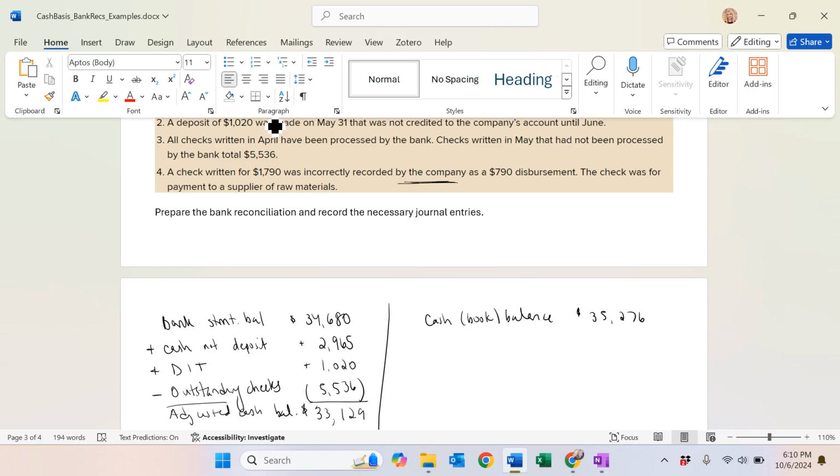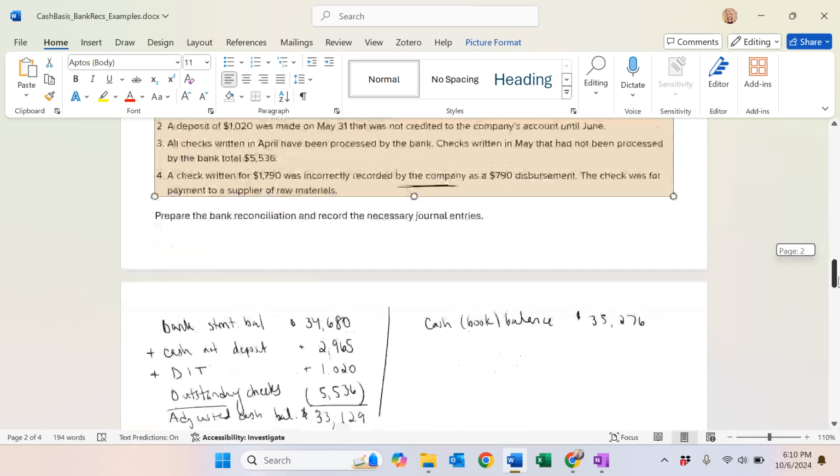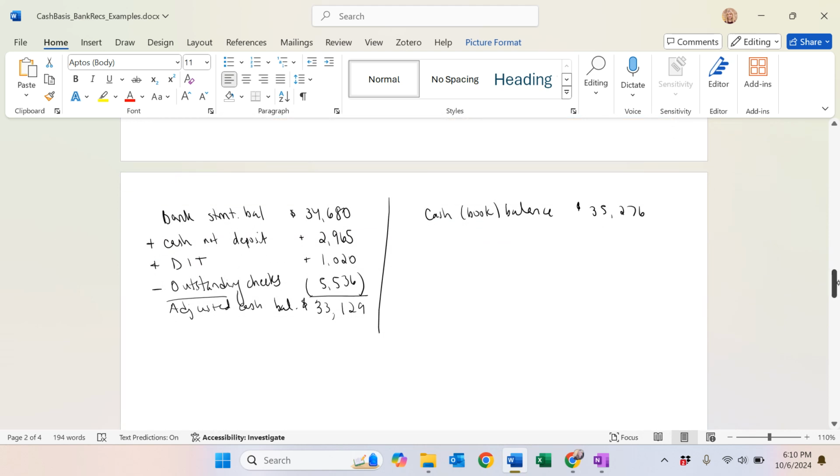All right, so what does the accountant need to know? From here, we see the service charges were $80. Let's subtract out the service charges. This is the first time we're aware of exactly what they were.